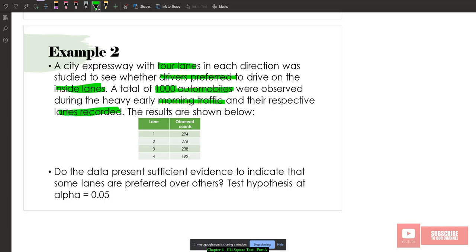The results are shown below: lane 1 has 294, lane 2 276, lane 3 238, lane 4 192. The total should equal 1,000. Do the data present sufficient evidence to indicate some lanes are preferred over the others? We need to test the hypothesis at alpha 0.05.